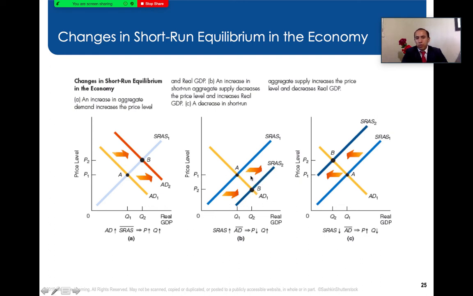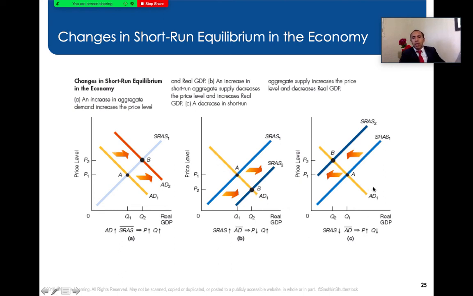You produce more, and the price level has downward pressure, from P1 at point A with quantity 1 of real GDP, to a lower price P2 and quantity 2. An increase in the aggregate supply curve leads to lower prices and higher GDP. The straight arrow on top of the aggregate demand curve means that aggregate demand has stayed the same.